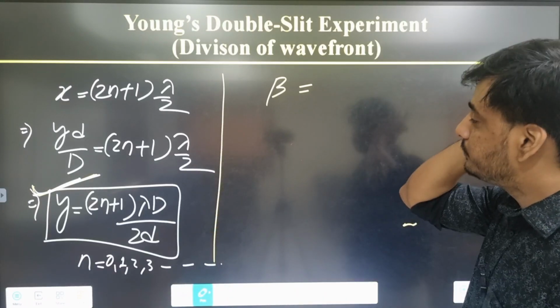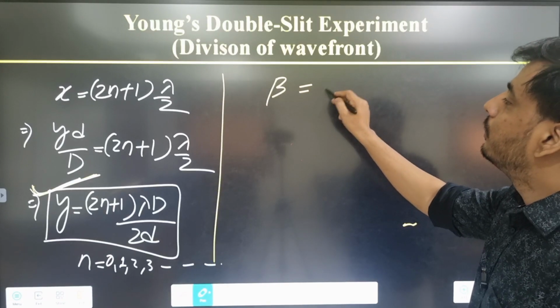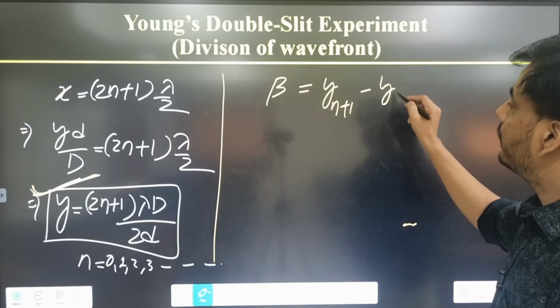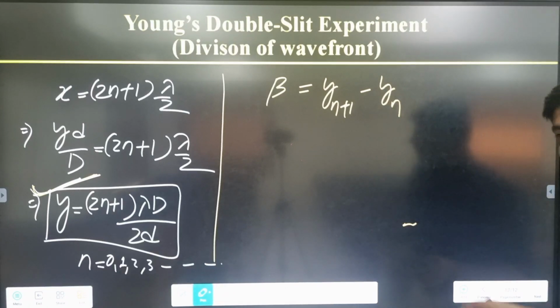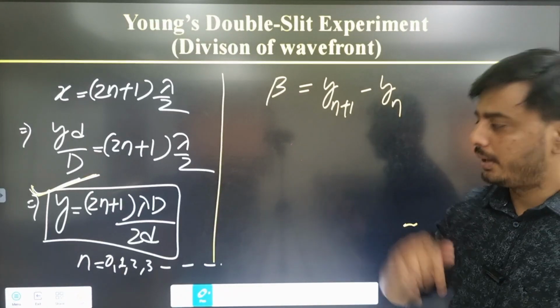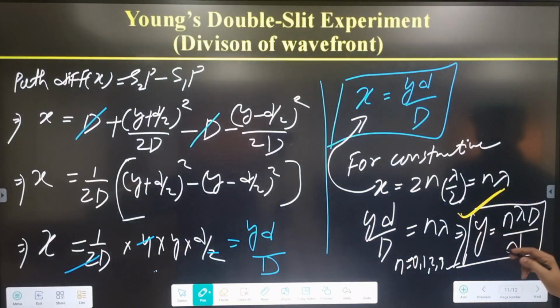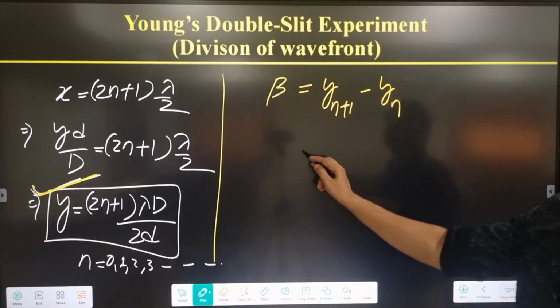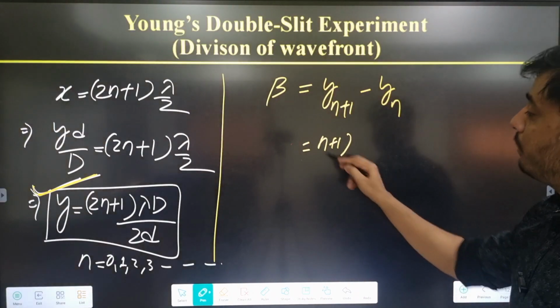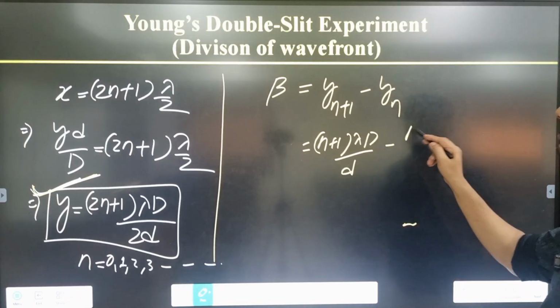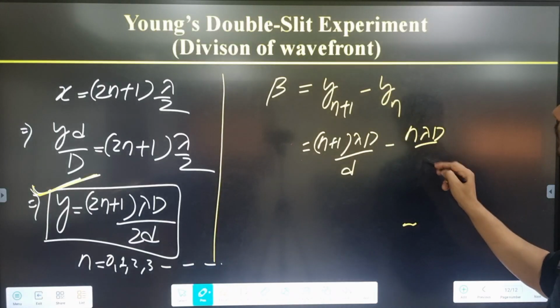So beta equal to y n plus 1 minus y n, two consecutive points. We can calculate for dark point, we can calculate for bright point. So let's calculate for bright point first. So in bright, y n, n means nth point, will be n lambda capital D by small d. For n plus 1, it will be (n plus 1) lambda capital D by small d, and for n it will be n lambda capital D by small d.